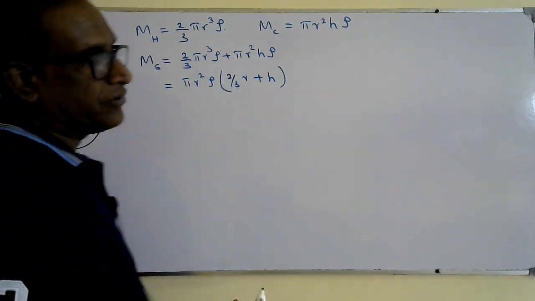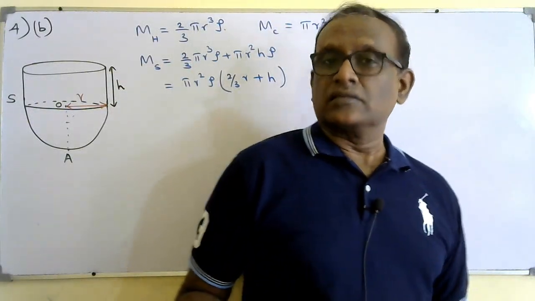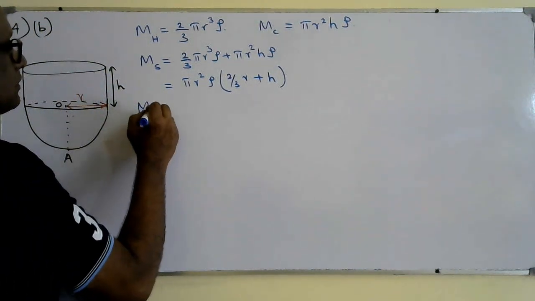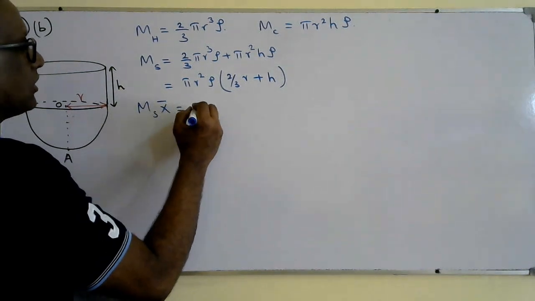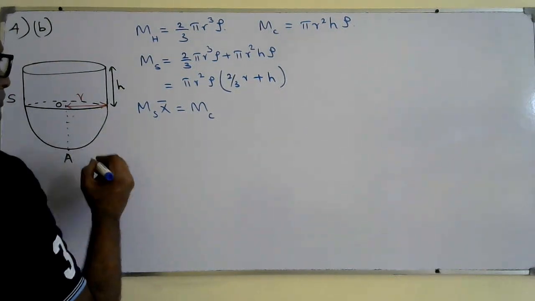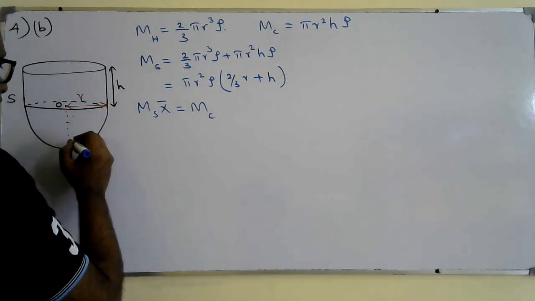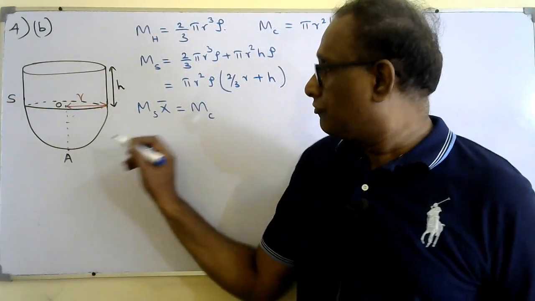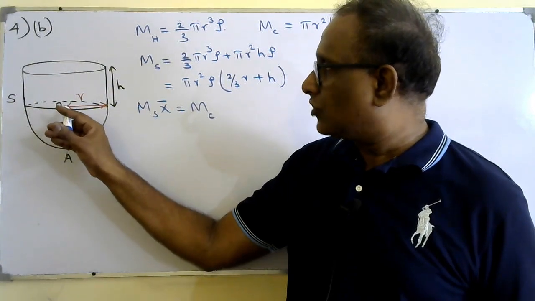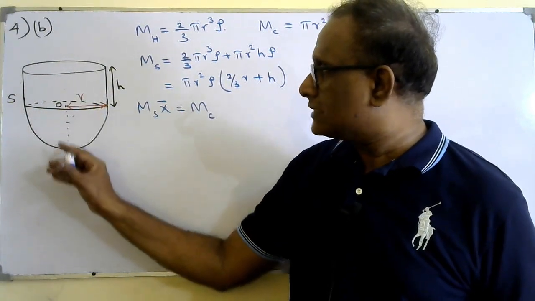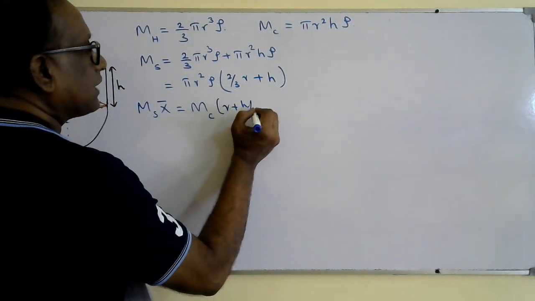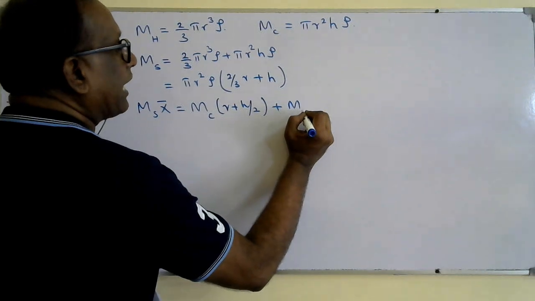Okay, so finally we are going to use sigma mi xi in that format. So ms x bar is equal to mass of the cylinder into distance of the center of mass of the cylinder from A. So center of mass of the cylinder is h by 2 from O, from A means r plus h by 2, plus mass of the hemisphere.